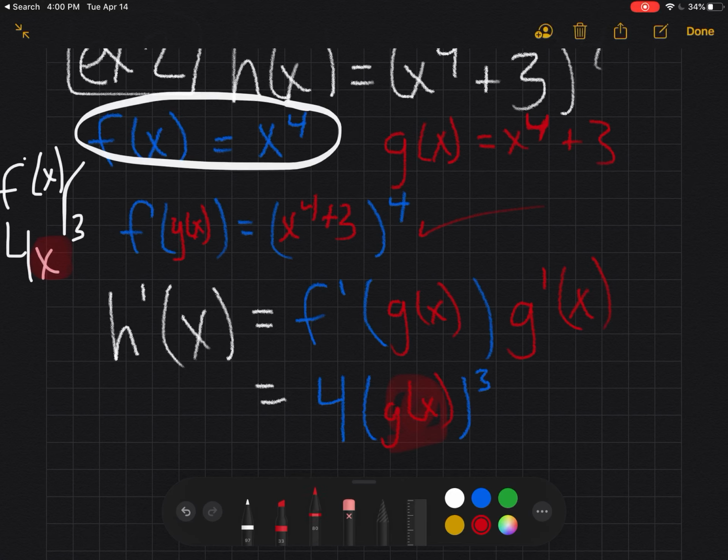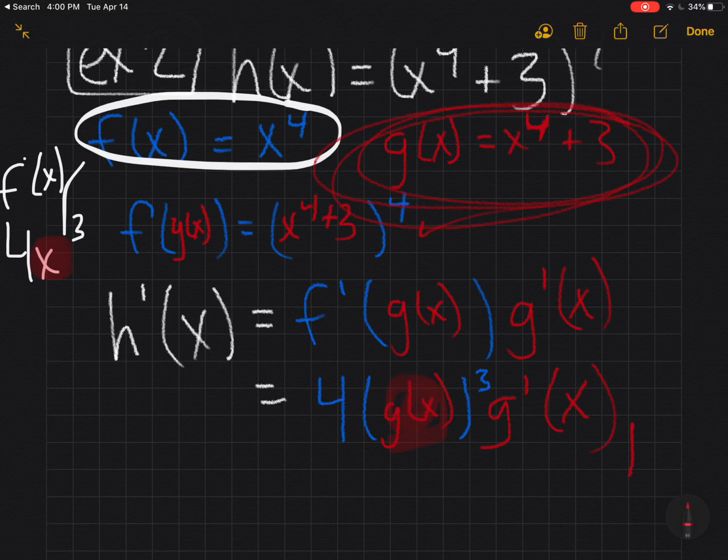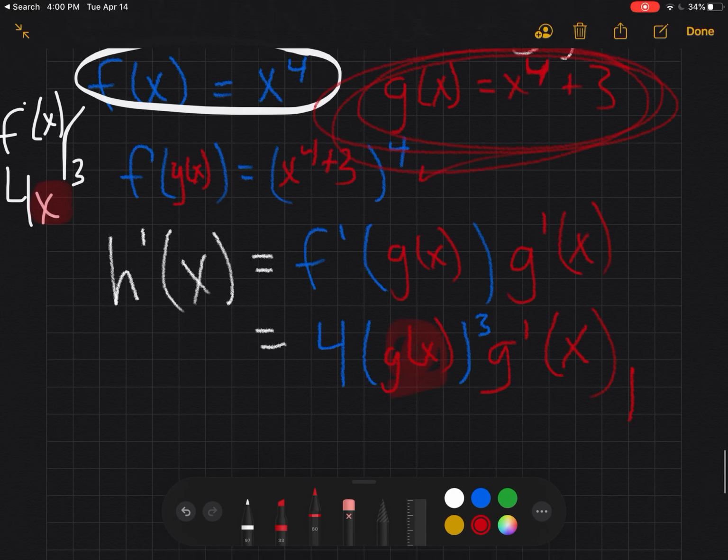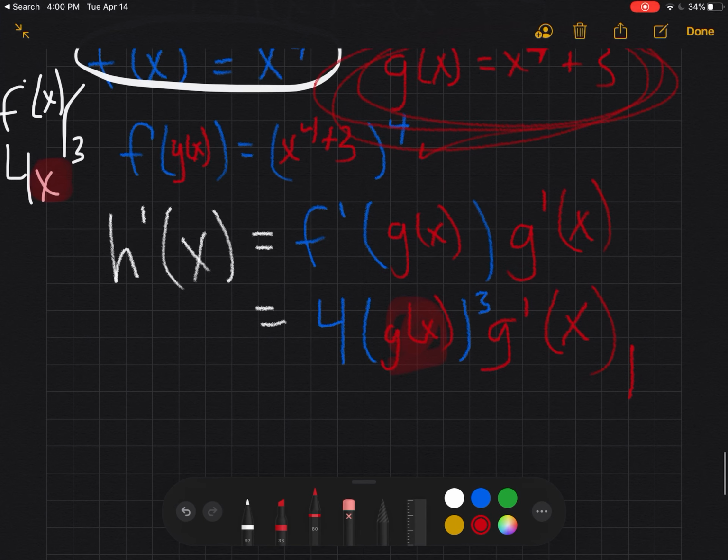And what is that something? It's our g of x. Notice here that this g of x is replacing the x in the derivative. It's replacing the value of x. And then, of course, we're going to have to multiply that by g prime of x. And this is our g of x, x to the fourth plus 3. So we're going to use our power rule.